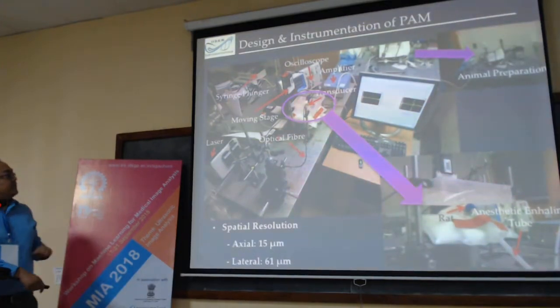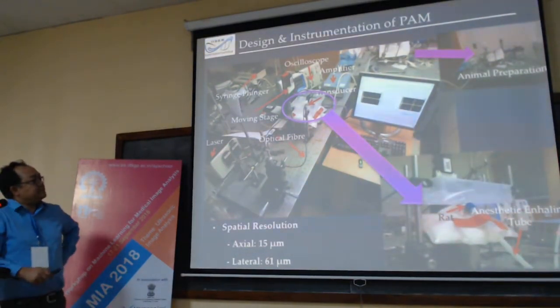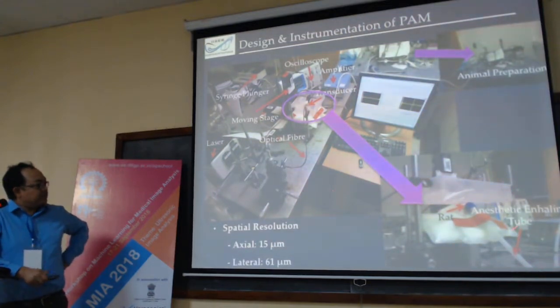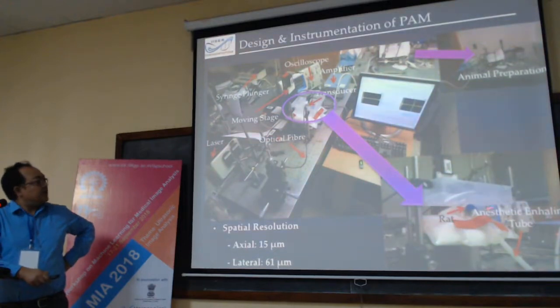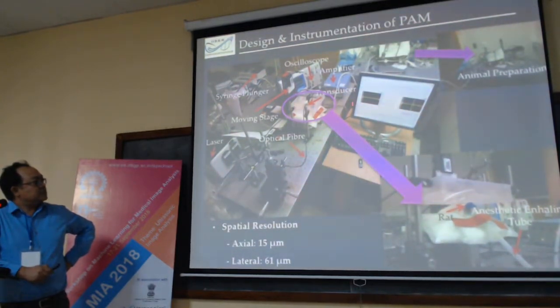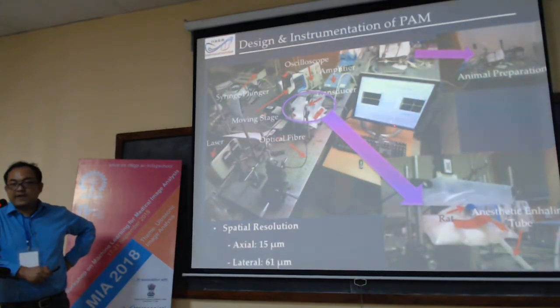This is a photograph of the whole imaging system, taken while carrying out experiments on small animals. This is from my postdoc at the University of Florida. So there is the sample preparation, then the acquisition system. This is the sample, with the photoacoustic signal of this type.